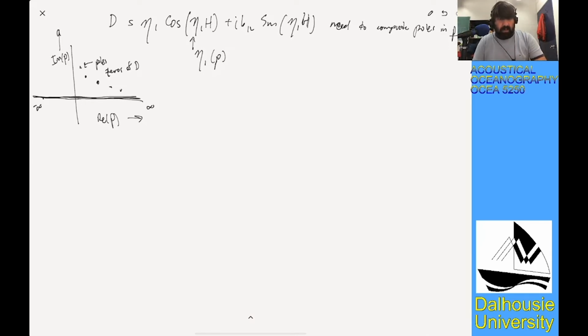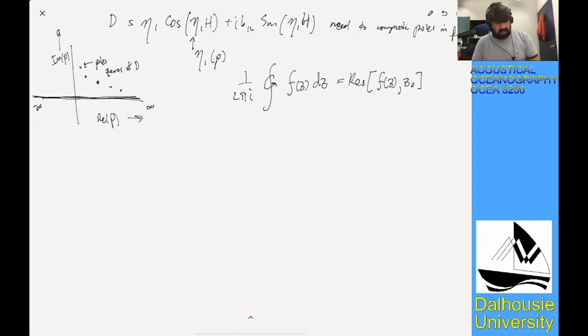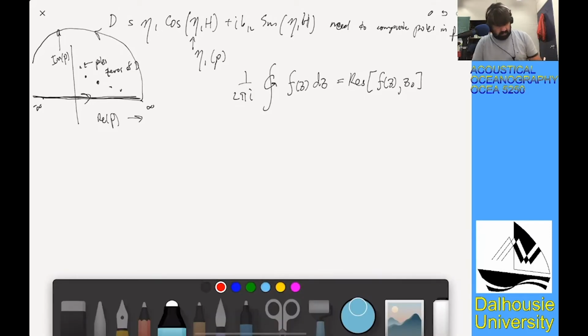Bit of a side here. So the idea is that what you do is a contour integration. So you have this first piece here, and then you have this second piece, right?